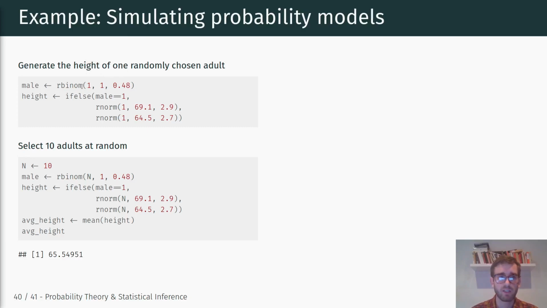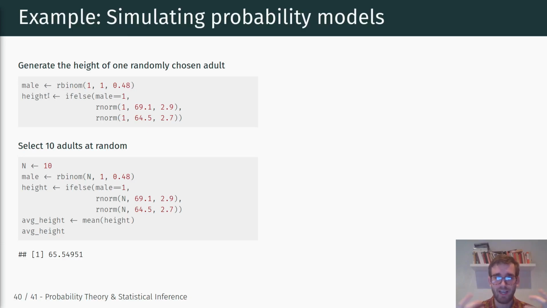And the first thing that we have to do, given our assumed data generating process here for height, is to determine whether that random individual is male or female, and the probability of being male is 0.48 according to census data. So this is a simple random draw from a binomial or Bernoulli random variable with a success probability, if you can call it success, of 0.48.